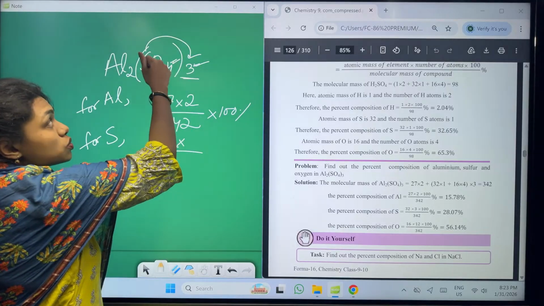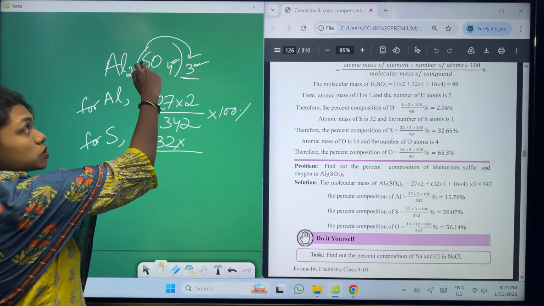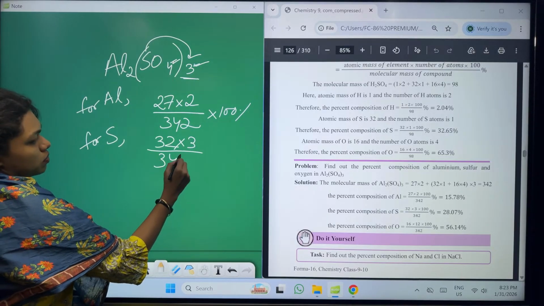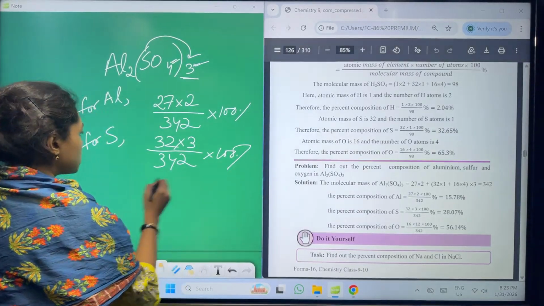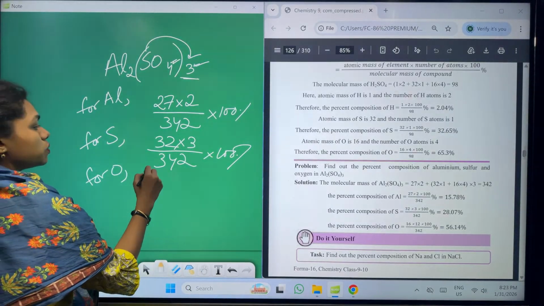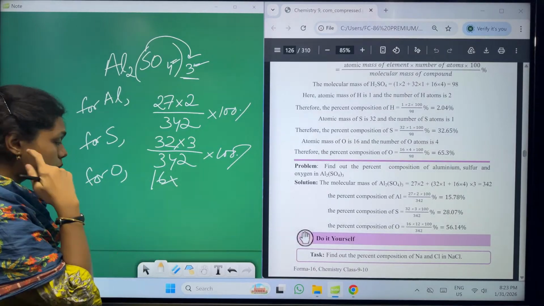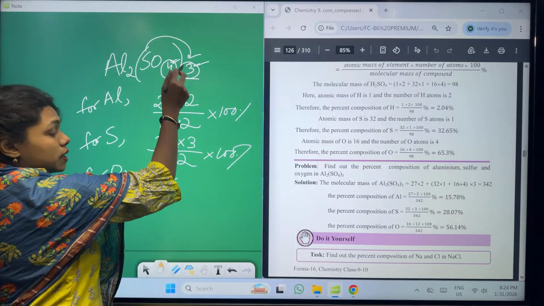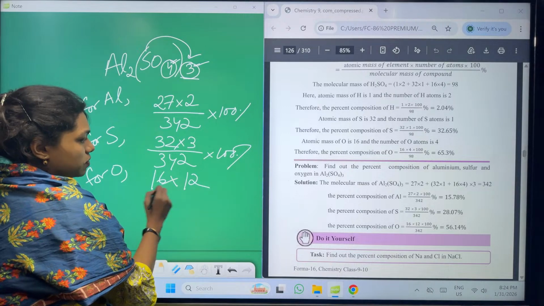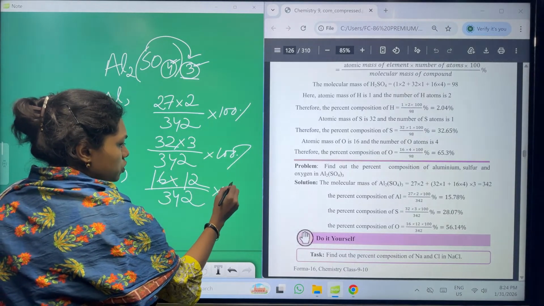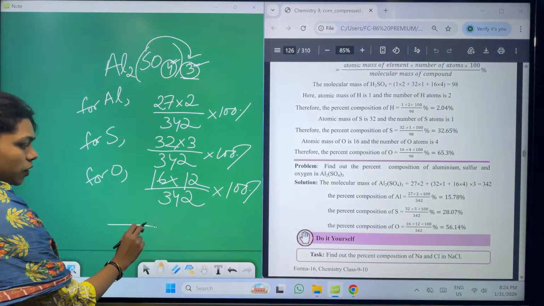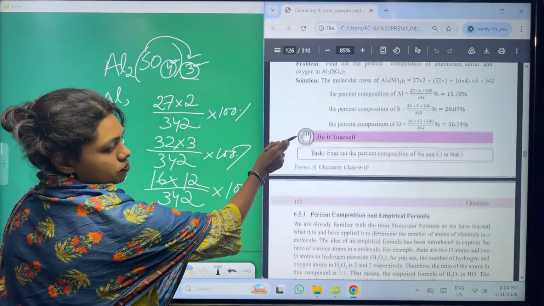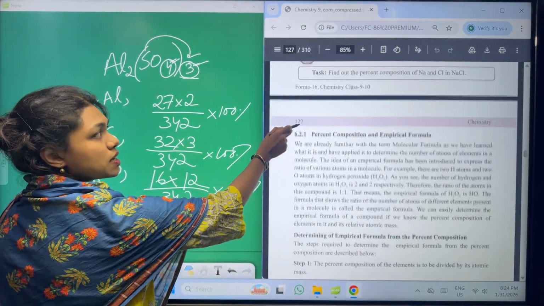Since the 3 belongs to the whole bracket, I'm going to use 3 for sulfur and 3 into 4 for oxygen. So for sulfur, it's going to be 3. And for oxygen, the value will be 16, the mass that I derived from the periodic table for oxygen. And there is already a 4 right here and 3 outside the bracket. So 4 into 3, 12, divided by 342 into 100%. You can calculate those answers. This is going to be your home task.